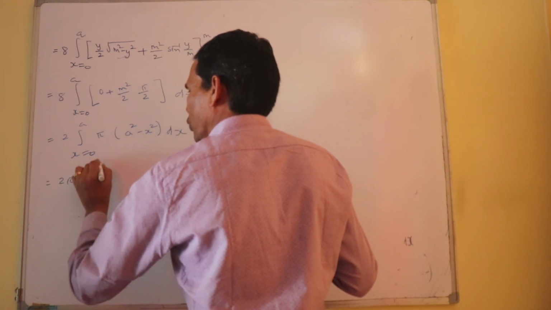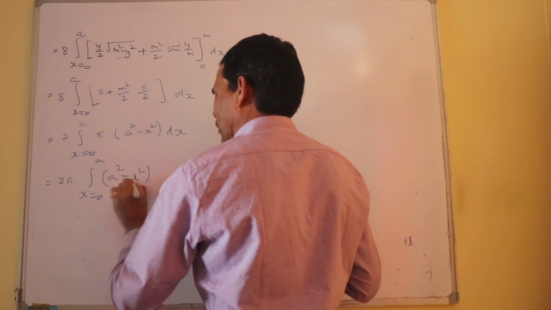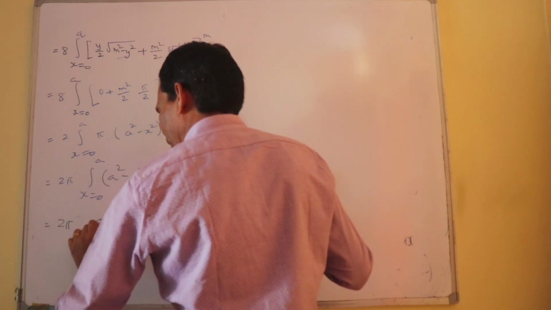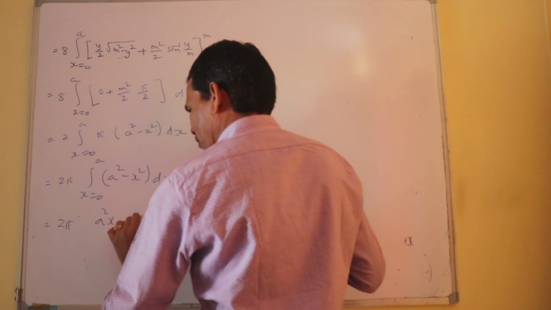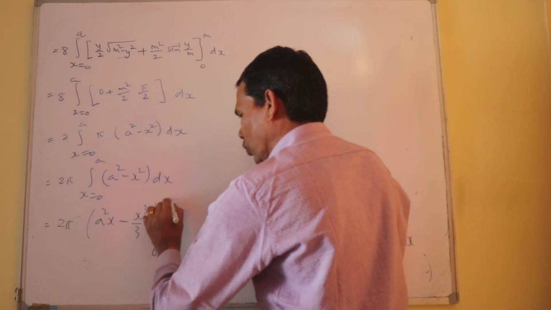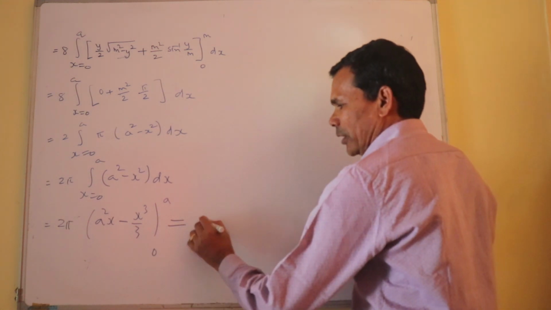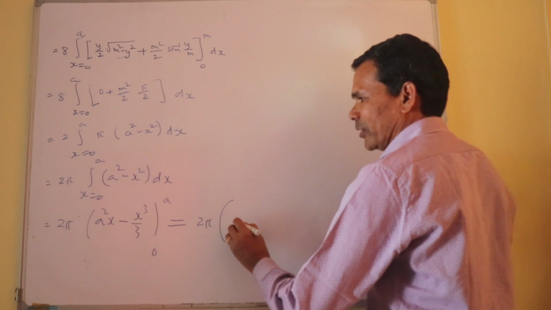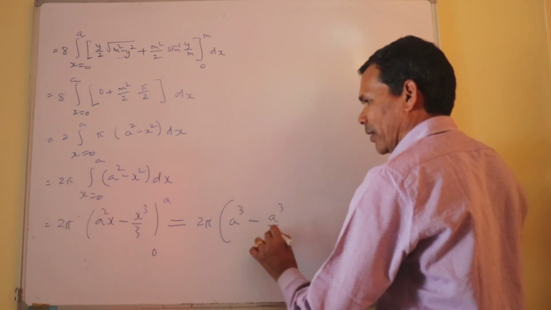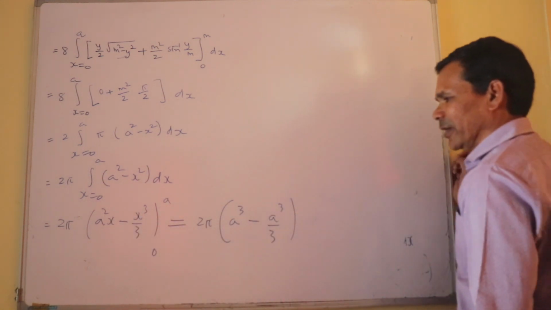x from 0 to a of a square minus x square into dx, and the integration of this is 2 times pi, a square x minus x cube divided by 3, with limits 0 to a. So this is equal to 2 times pi, upper limit a cube minus a cube divided by 3, and the lower limit's value is 0.